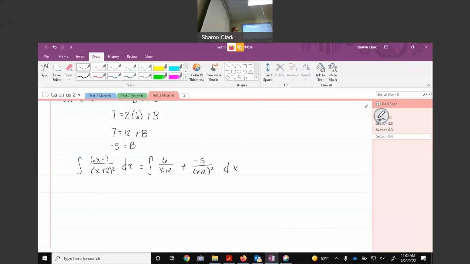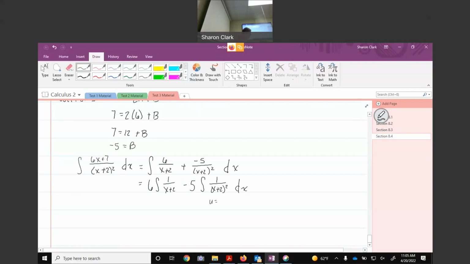What we're doing is breaking the fraction apart into two different fractions. So now we're going to integrate this. It's 6 times the integral of 1 over x plus 2 minus 5 times the integral of 1 over x plus 2 squared dx.